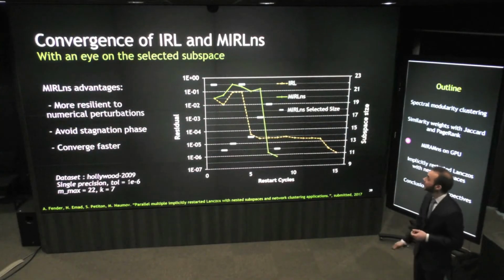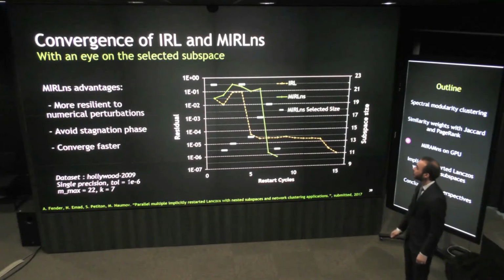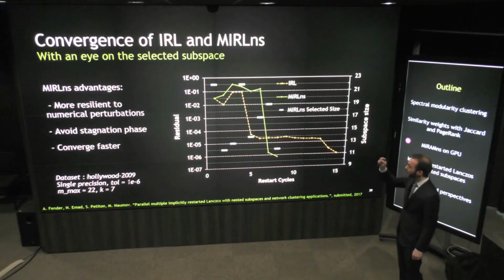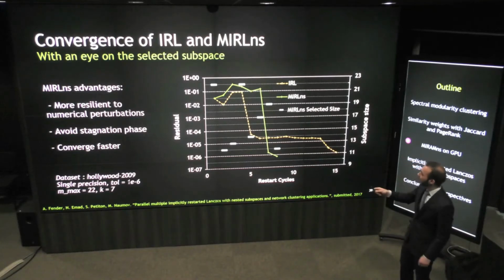Here is the similar plot for Lanczos. So we can see that we also do an active switch between the subspace sizes. At the beginning, it's not clearly better. That's because we measure it just after the restart. So sometimes it creates small spikes.